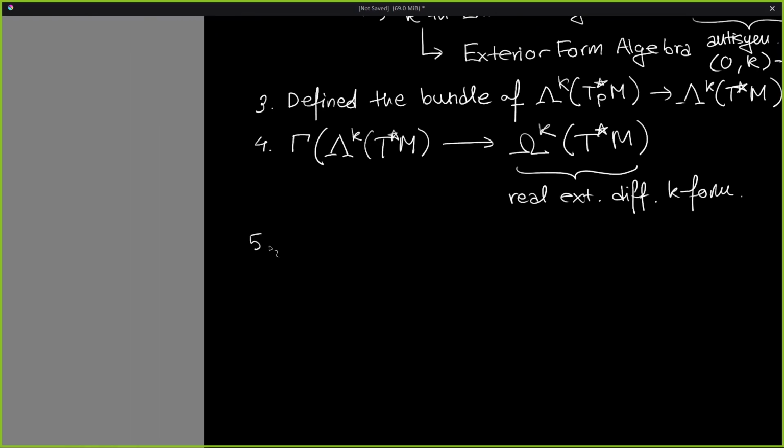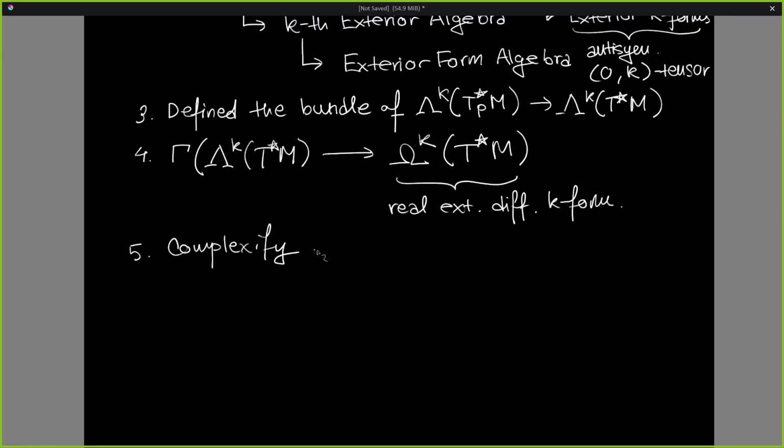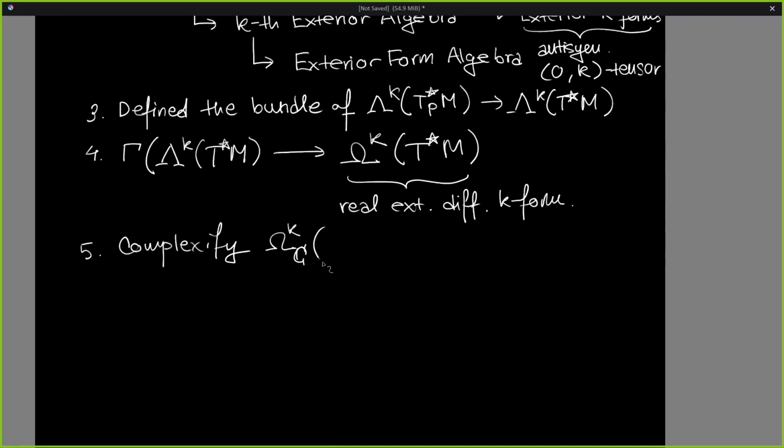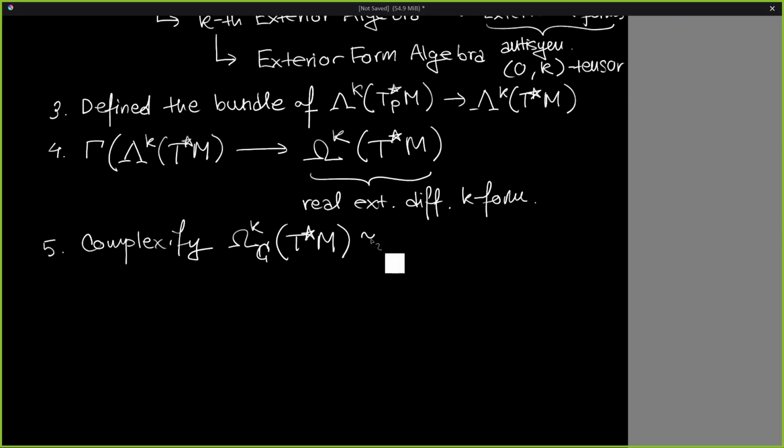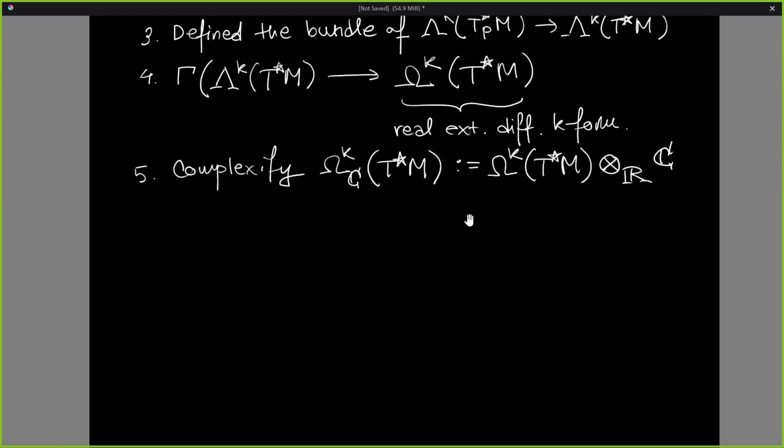And then we complexified it. So you might call this omega C if you'd like. You might drop the C if it's implied that we're working in the complex field. So this is, by definition, omega k T star M tensor with the complex numbers.